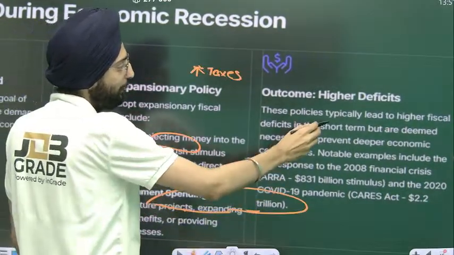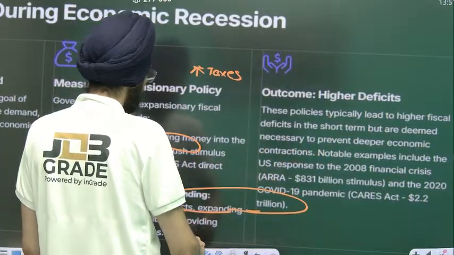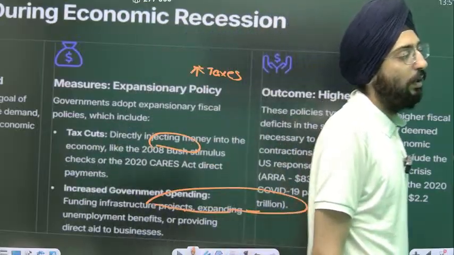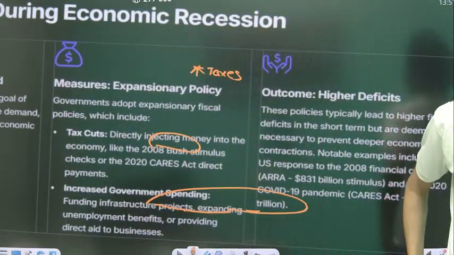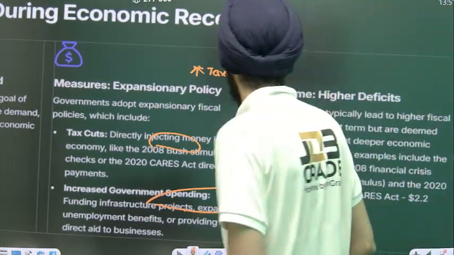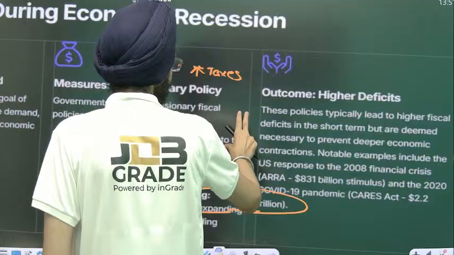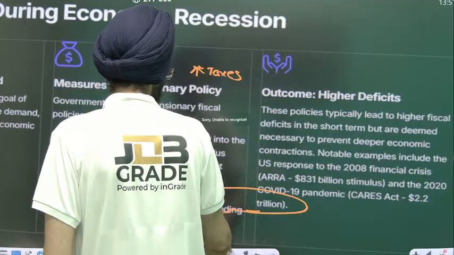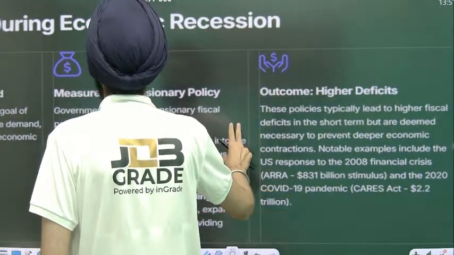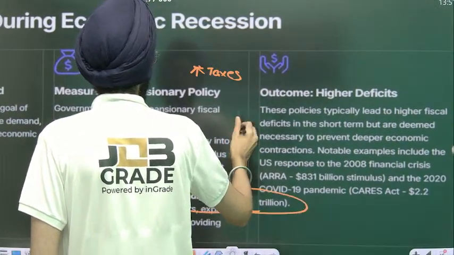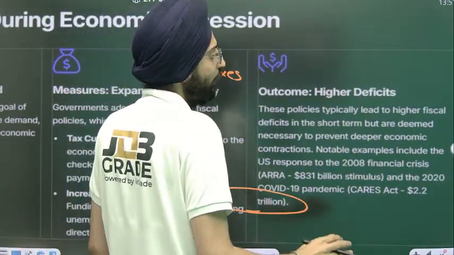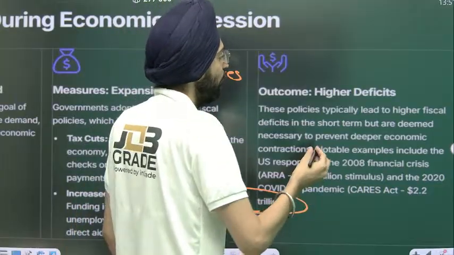These policies typically lead to higher fiscal deficits. When you talk about expansionary policy, one thing you need to understand is that when the government spends more, it will automatically lead to higher government spending, and higher spending will lead to a higher fiscal deficit.